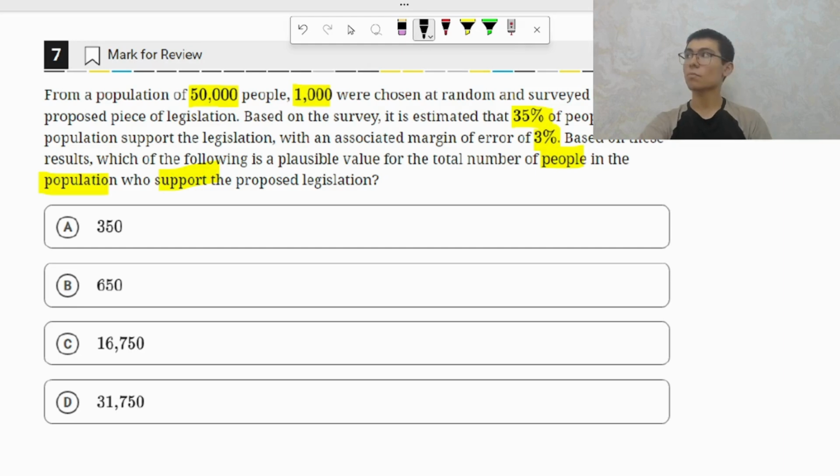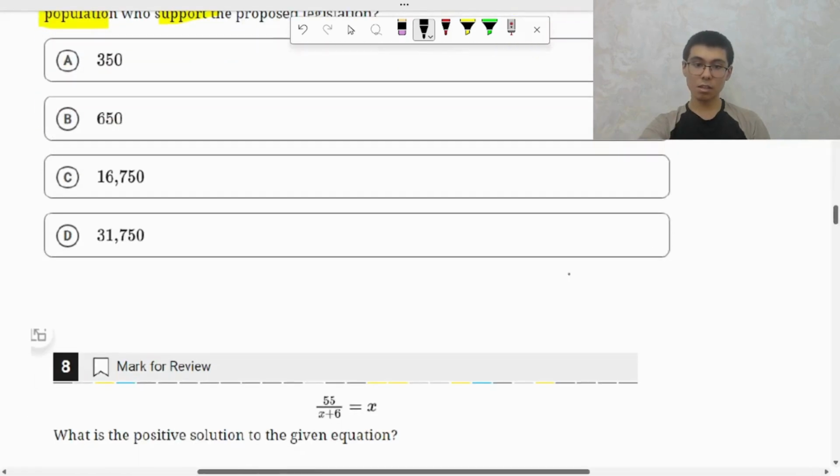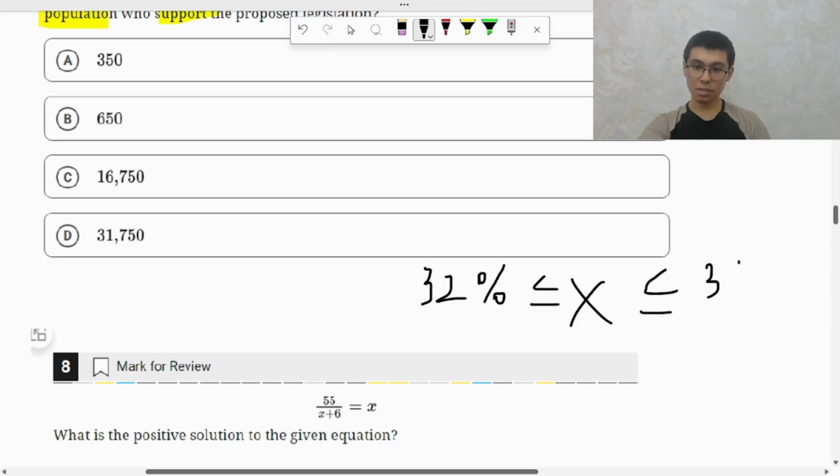For example, if we estimate that 35% of people support this legislation, with a margin of error of 3%, the percent of people who are gonna support it is gonna be between 32% and 38%.